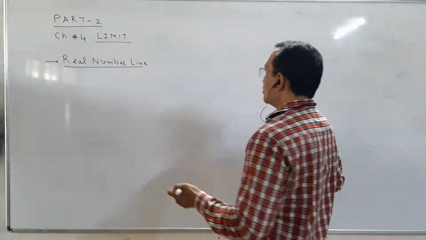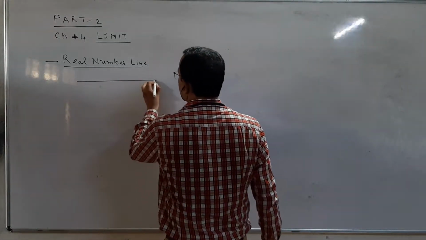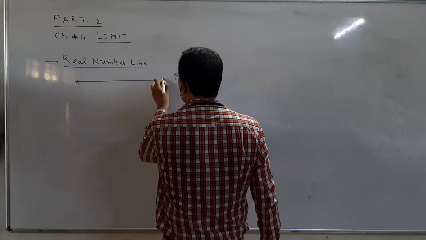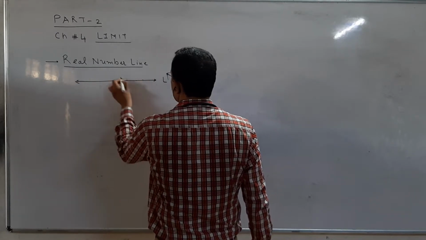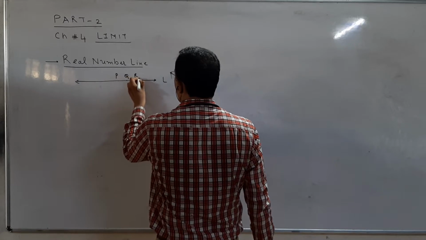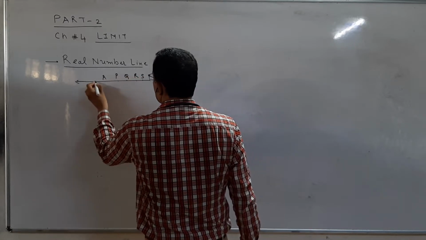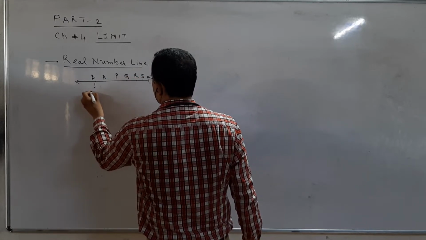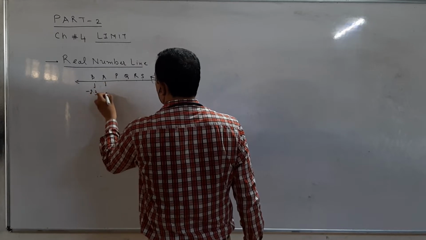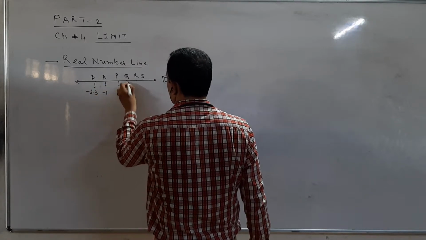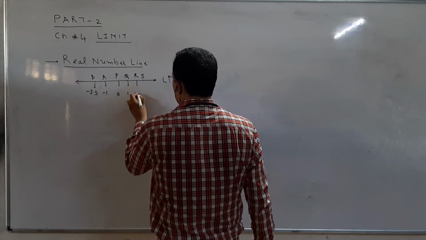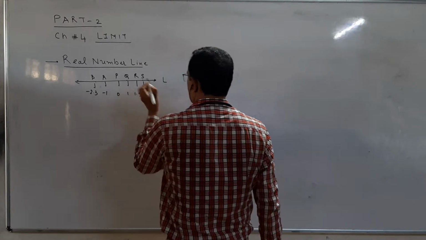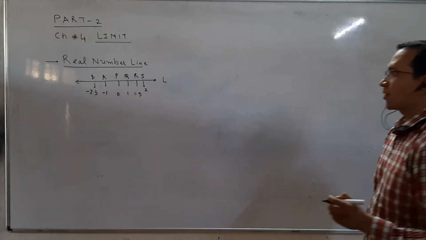A number line or a real number line is such a line where, say, the points P, Q, R, S, A, B. Suppose this corresponds to minus 2.3, this corresponds to minus 1, 0, 1, 1.5, this corresponds to say 2.